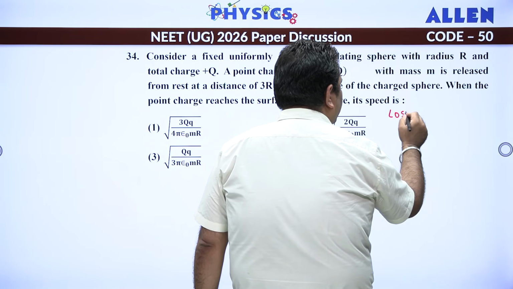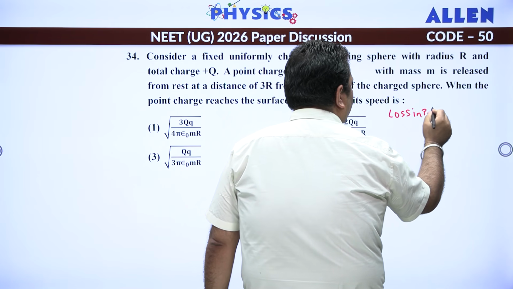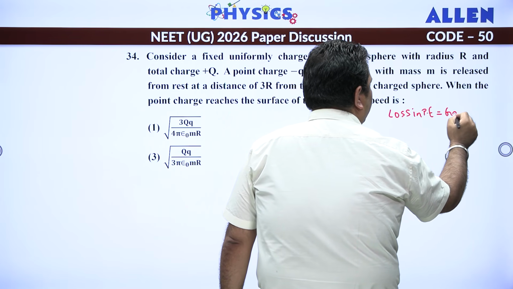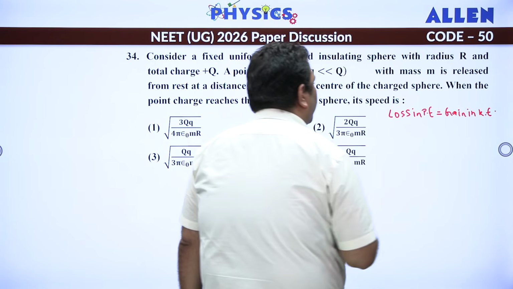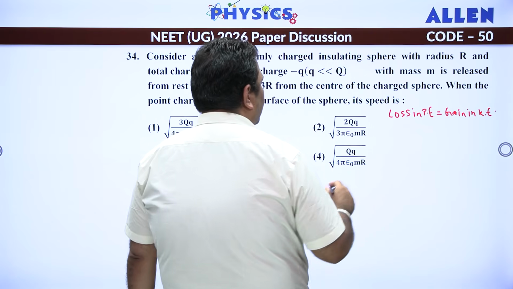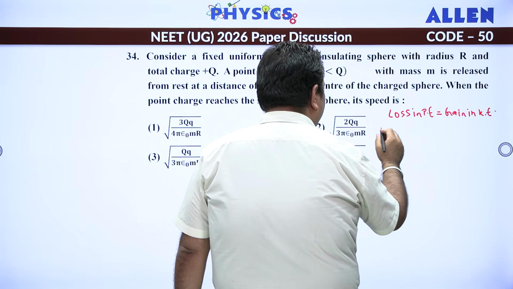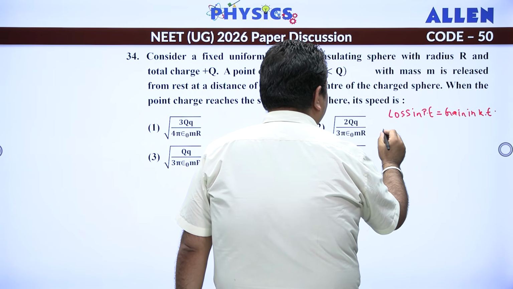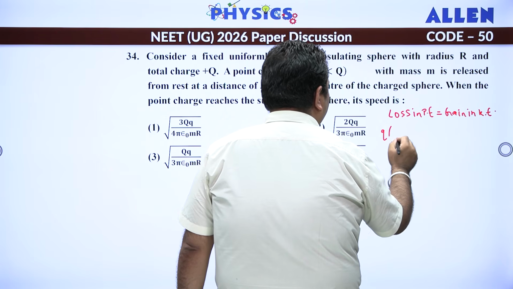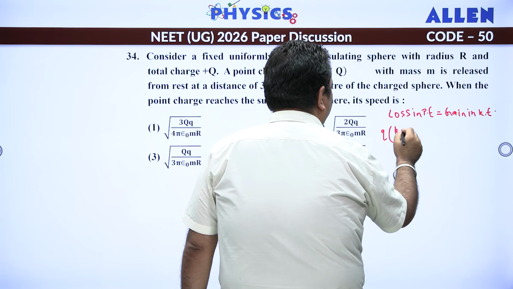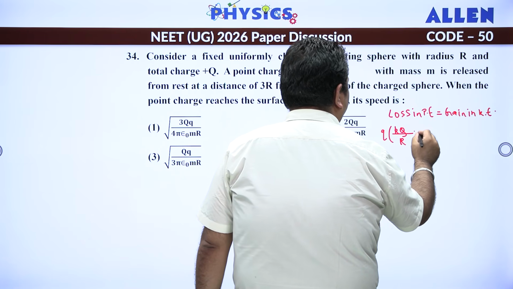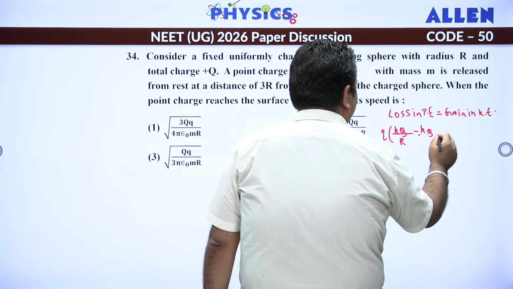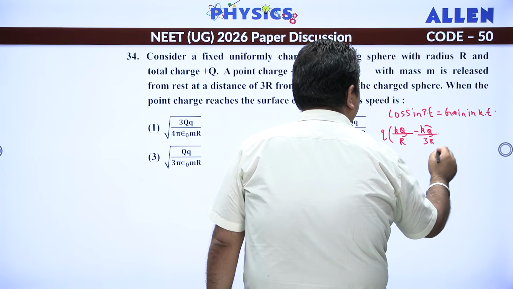Loss in potential energy is equal to gain in kinetic energy. We can write it down. What is the loss in potential energy in this case? It will be simply written as q multiplied by (kQ/r minus kQ/3r).